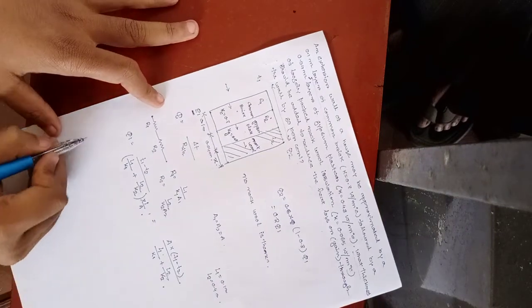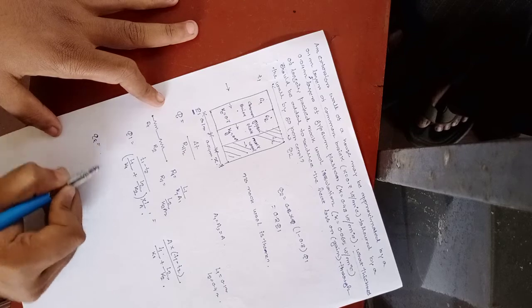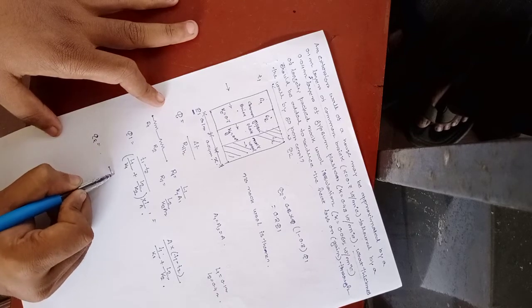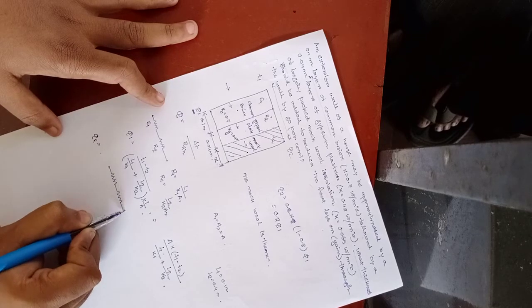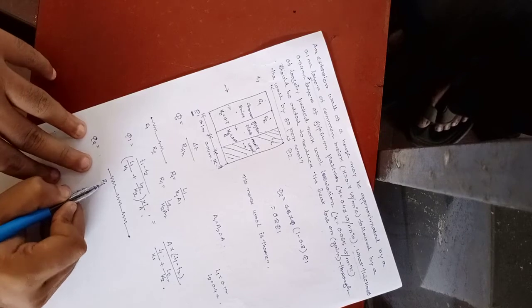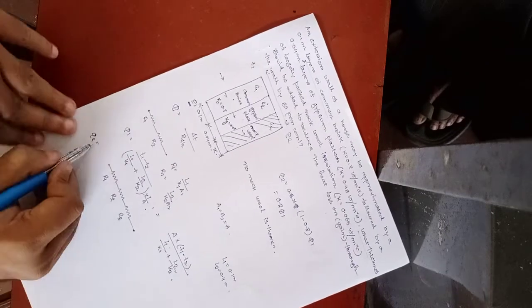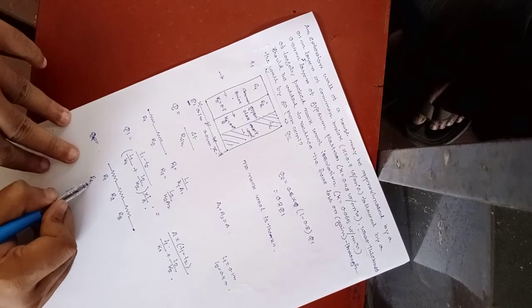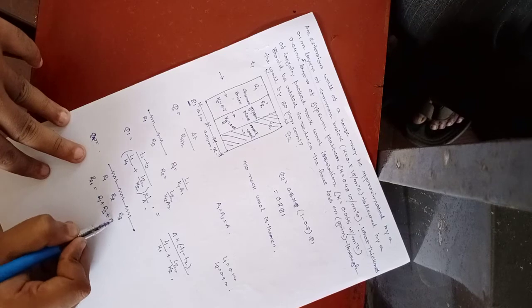Okay. Now what is Q2? Here if we draw the electric analogy, it will be just like this, because one more layer is added in series, that is rock wool is added in series, so it will be R1, R2 and R3. Okay, so net RTH will be R1 plus R2 plus R3.